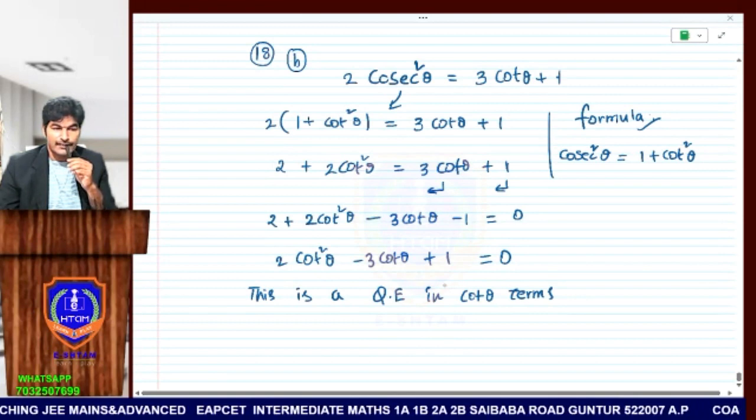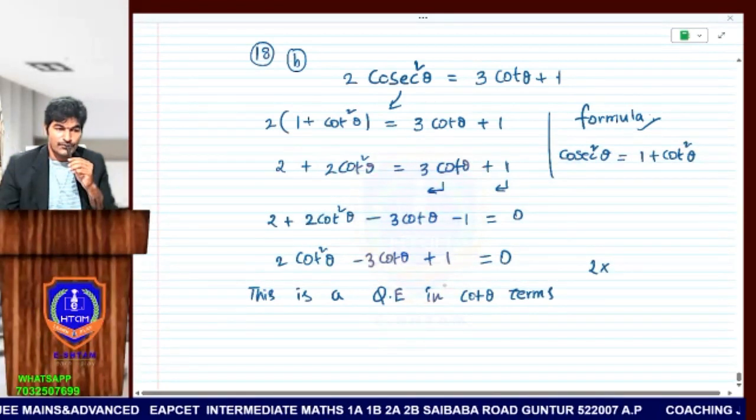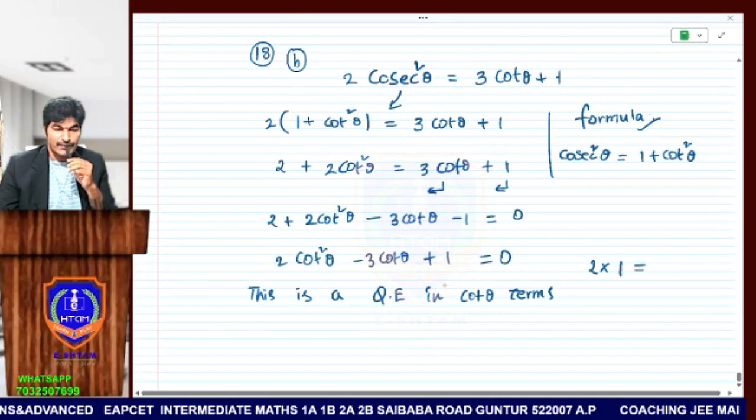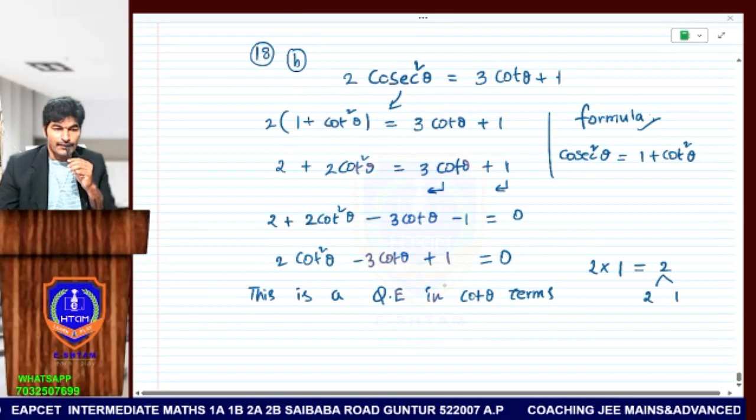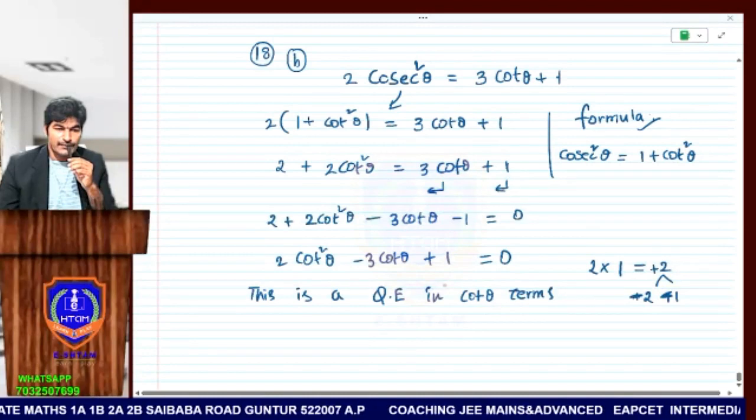First of all, consider the square coefficient, which is 2. Actually, it is plus 2, this part. Take that as it is, and the constant you should multiply together. 2 ones are 2, and you have to split this 2 into two numbers. If you multiply these two numbers, you have to get this plus 2. So I choose plus 1 and plus 2. Oh, no. Minus 2 and minus 1 will work, right? Because minus into minus is plus, and 2 ones are 2.